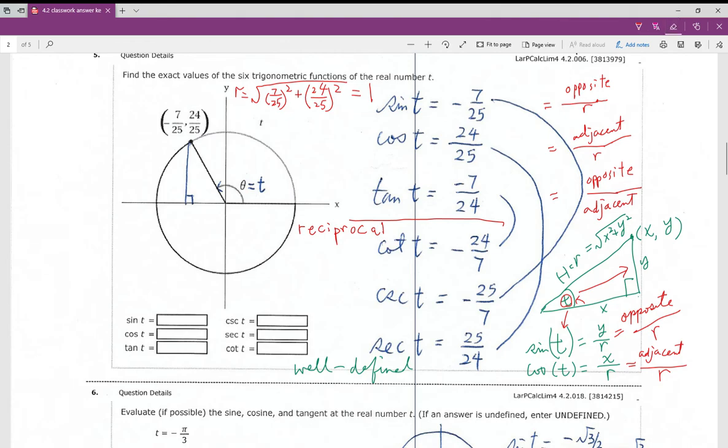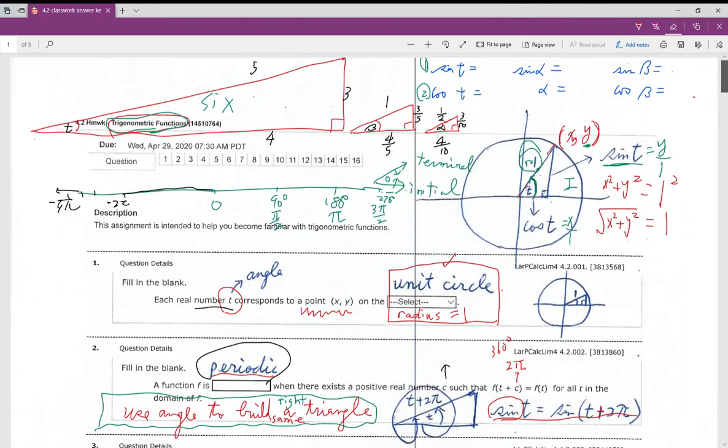So next we go to another lecture here. See, if you have some angle t here, and this angle t is inside one circle, definitely this circle won't be a unit circle.